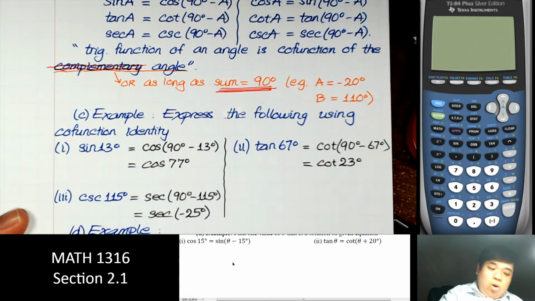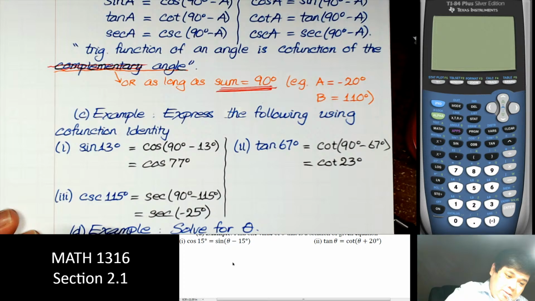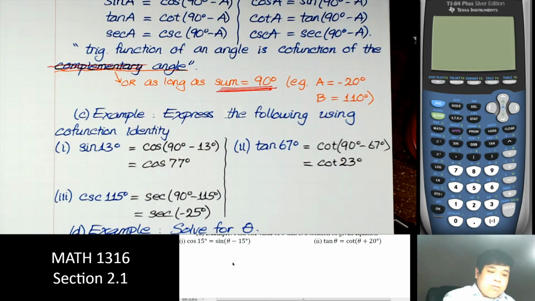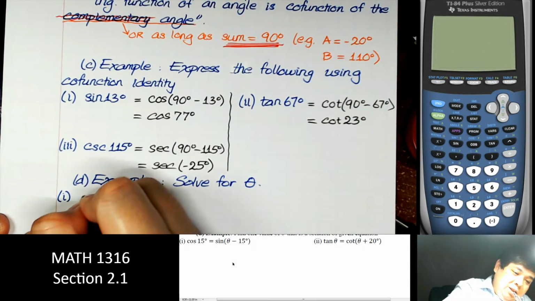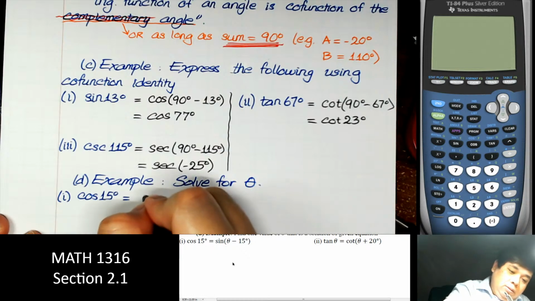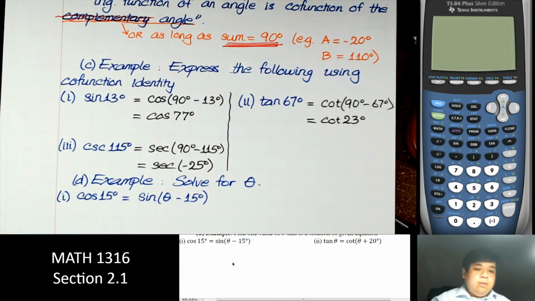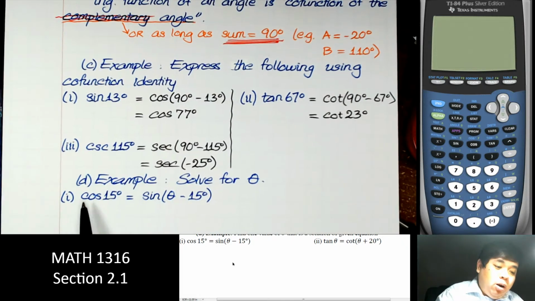Example, solve for theta. Right. Now what we have here is we want to go from a cosine to a sine.